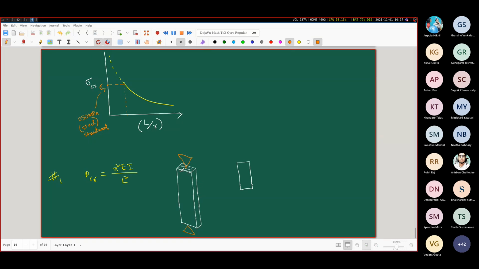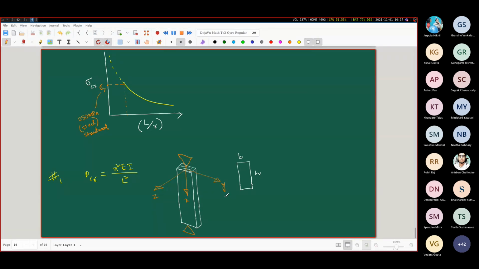We had taken earlier our x-axis to be pointing downward. So this is x, this is y, and this is z. This is our rectangular cross section. This is B and this is H.